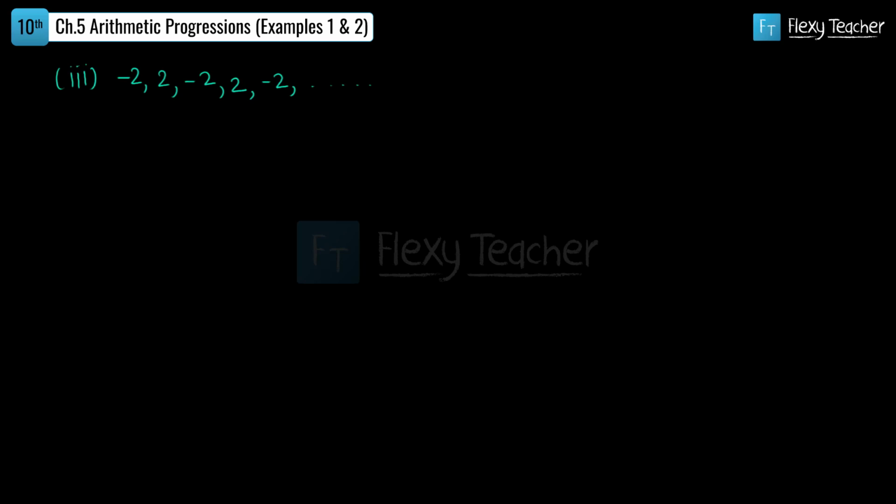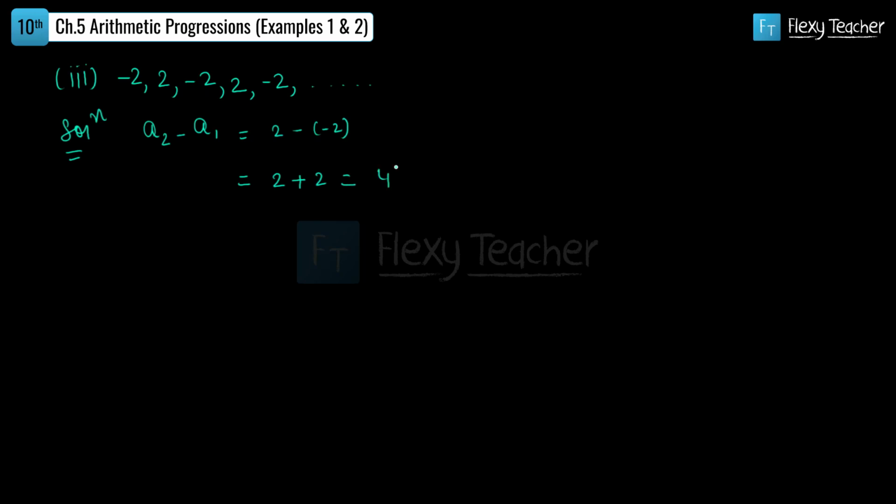Sum number 3. The terms are minus 2, 2, minus 2, 2, minus 2. So A1, A2, A3, A4 and A5. We start with A2 minus A1. A2 is 2 and minus A1 is minus of minus 2, so this becomes 2 plus 2 equals 4.